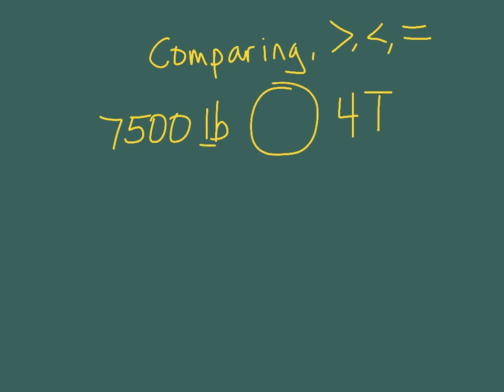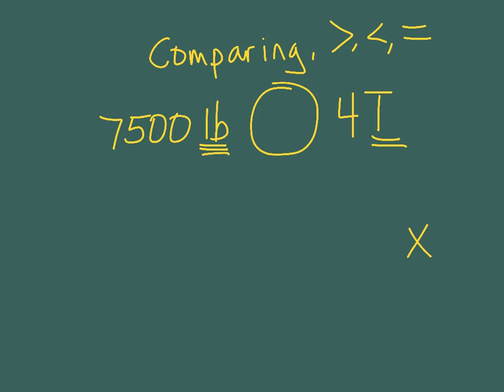We can either pick pounds, that's LBS, or tons, that's the T. We have to figure out which one we want to do. Honestly, I'm much more a fan of multiplying than dividing, so I usually choose to go bigger to smaller. That's kind of my trick, to always think about what's easiest for me.